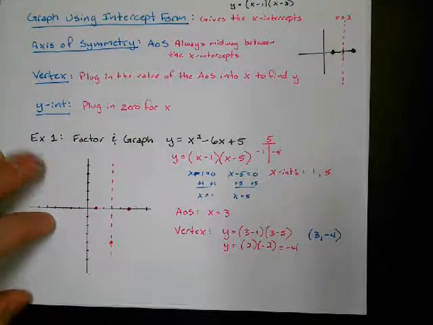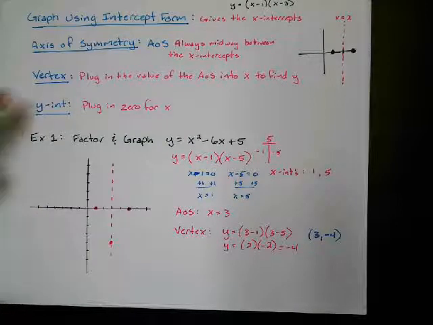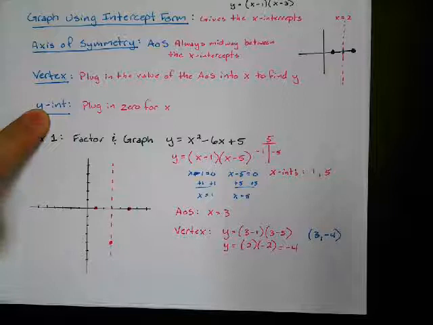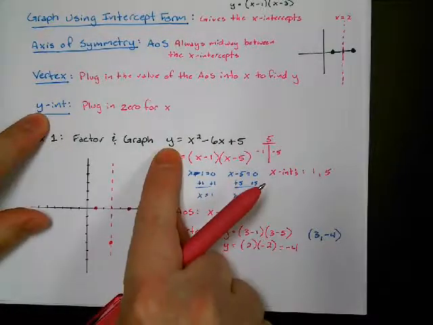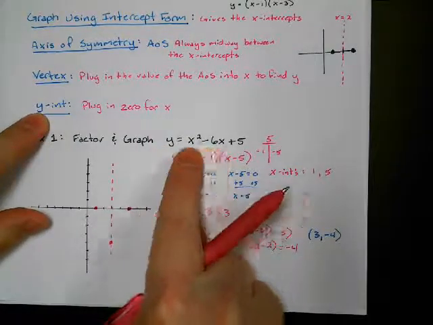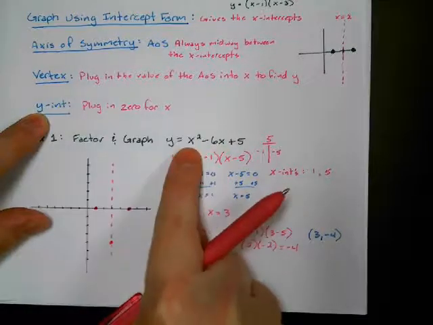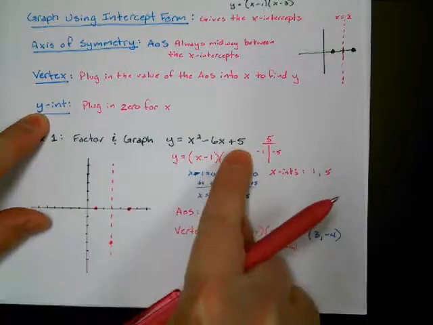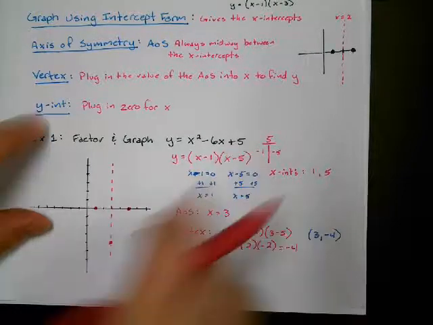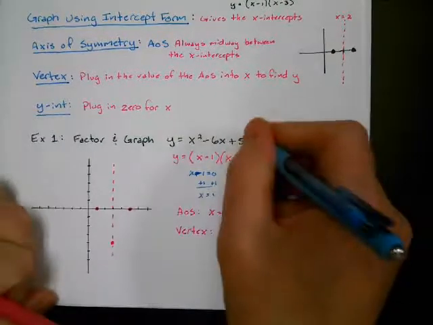Now we can find another point using the y-intercept. The y-intercept is when x is 0. So if I plug in a 0 to these two, x is 0, gosh, what am I doing? X is 0. This is the y-intercept, in standard form.